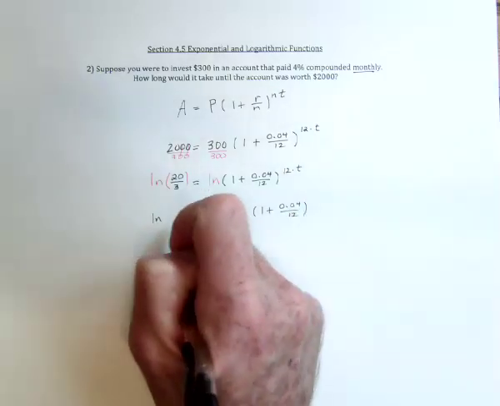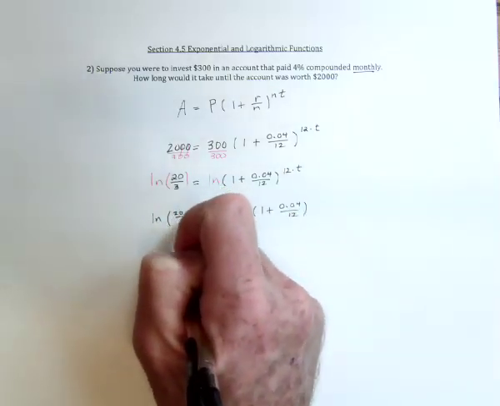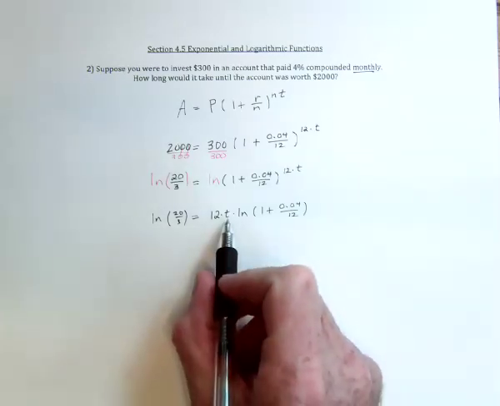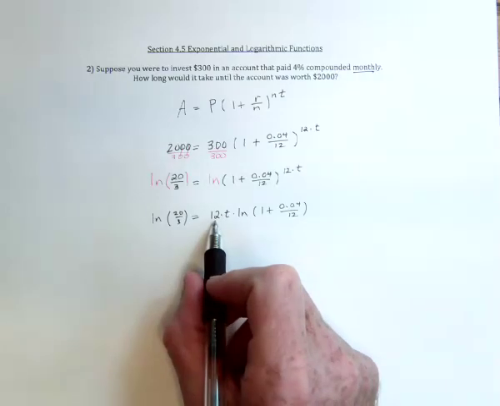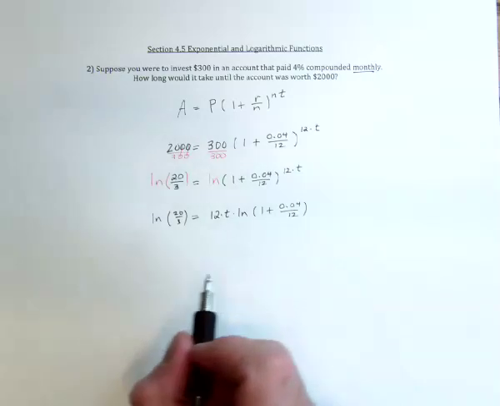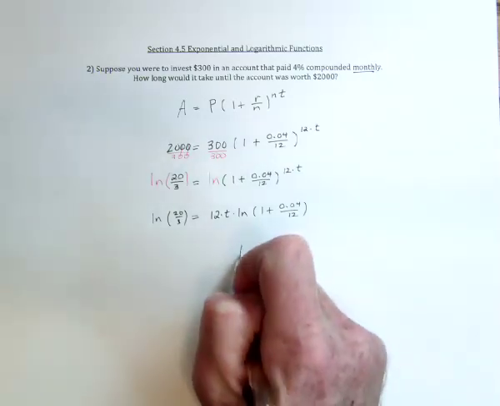And this side is still the natural log of a fraction. Okay, now we've got an algebra problem, or should I say an algebra fun. To solve for t, we need to divide by 12 and divide by this logarithm. So divide both sides by all of that.